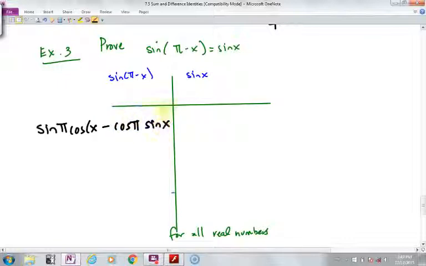So we're just using the difference identity for sine because here we have a difference of angles with sine. So I'm substituting into that identity. Okay? What is the sine of pi? That's what this all hinges on, is that do we know what the sine of pi is? Do we know what the cosine of pi is? What's the sine of pi?